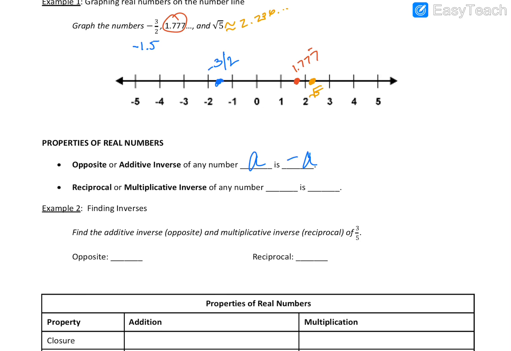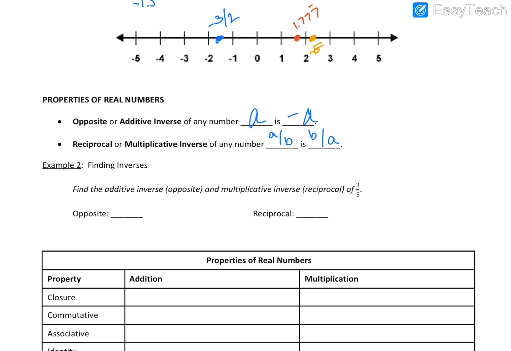The reciprocal, which is also the multiplicative inverse of any number, is this: if I had the fraction A over B, then the reciprocal is B over A. If your original is not a fraction, write it as a fraction, so put it over 1 so you can view what it will look like as a fraction.